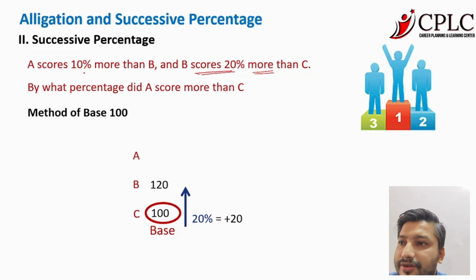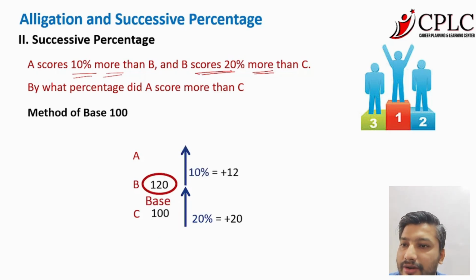Now the first half says A is doing 10% more than B. So this means whatever B is doing, A is doing 10% extra than that. So let's say 10% of 120 first, if you calculate, obviously that is going to be 12 basically. So whatever B is doing, A is doing 12 more than that. So B is doing 120, so A is going to do 12 more, that is going to be 132 basically for the value of A.